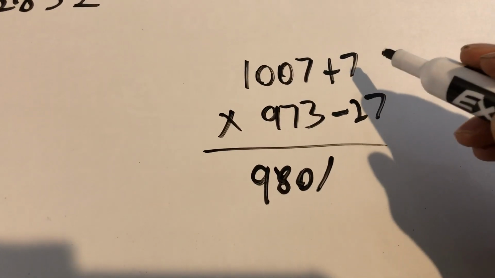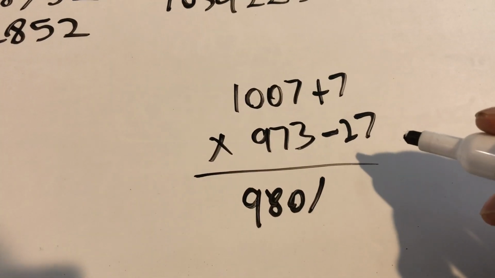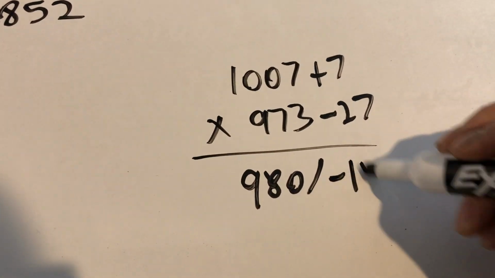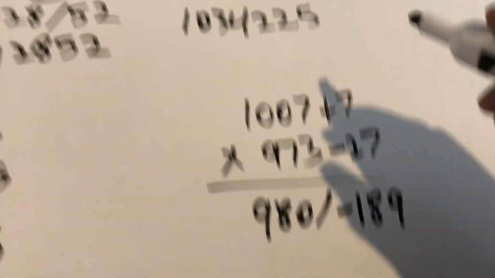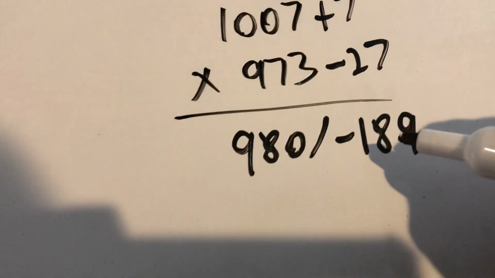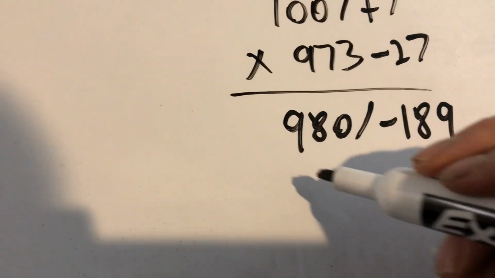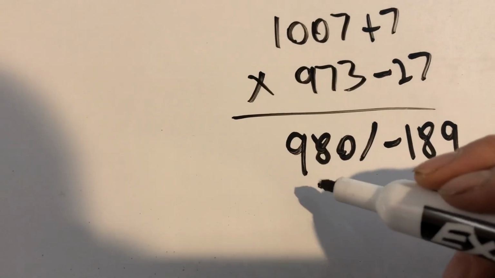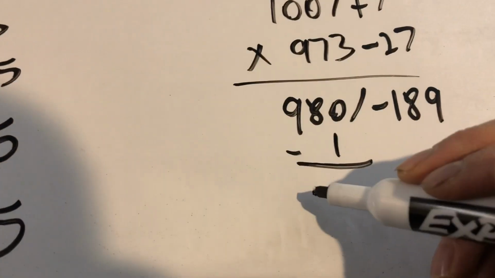Next step is multiply 7 times negative 27, which equals negative 189. Now, 189 is definitely below the base of 1,000, so that's okay. Since we're dealing with a negative, that means we're going to have to find the complement and subtract 980 by 1. So 980 minus 1 equals 979.